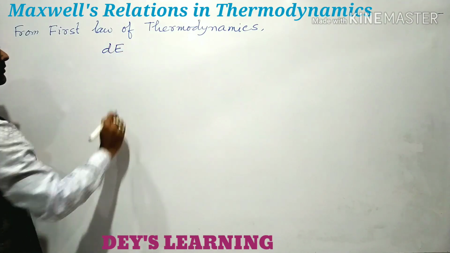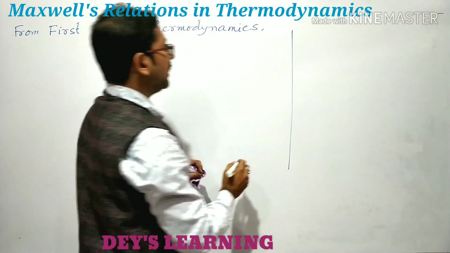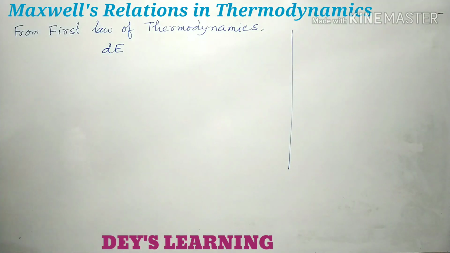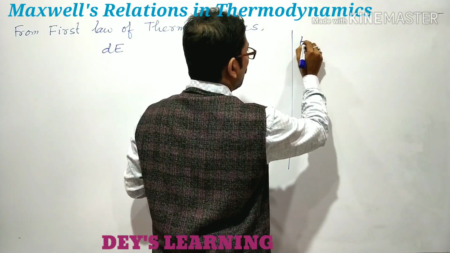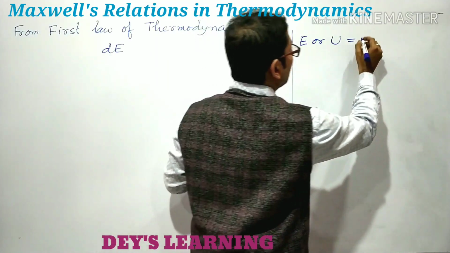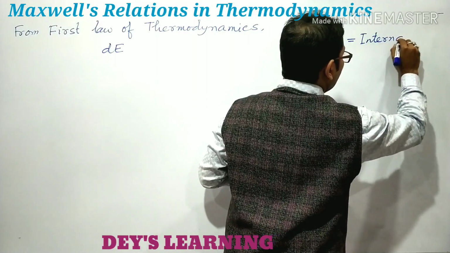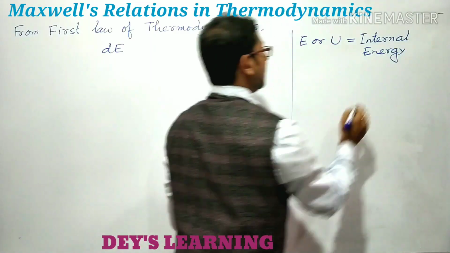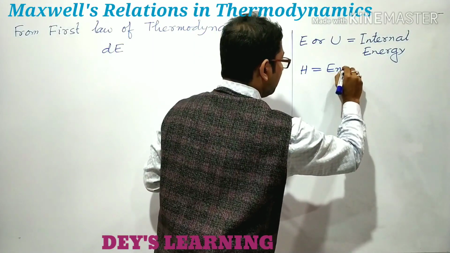First of all, I can note down the different thermodynamical parameters like E and U, which we call internal energy. This is internal energy of the system. Next, H, it is called enthalpy of the system.